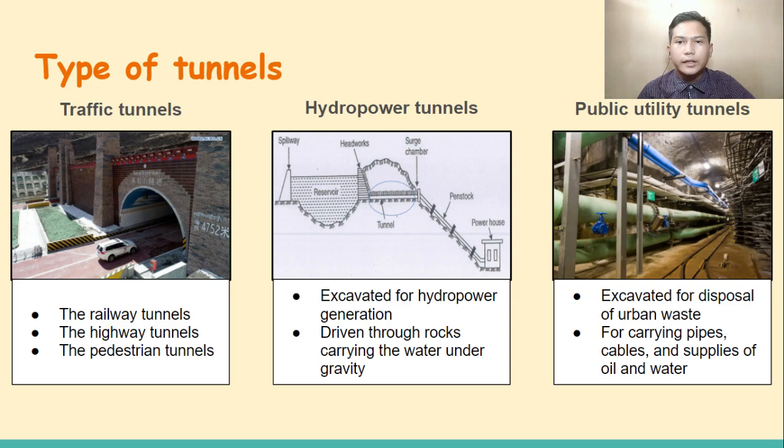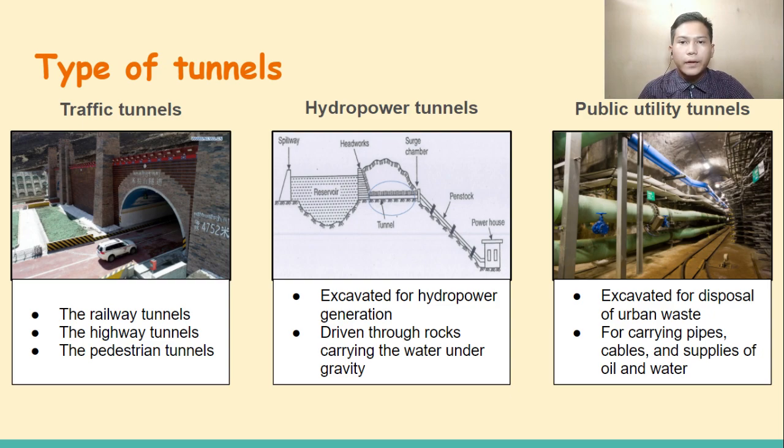There are many types of tunnels that have been constructed in this entire world. The type of tunnels may be differentiated by its own characteristic, whether from its shape, construction materials, and also the purpose to build and function of the tunnels.